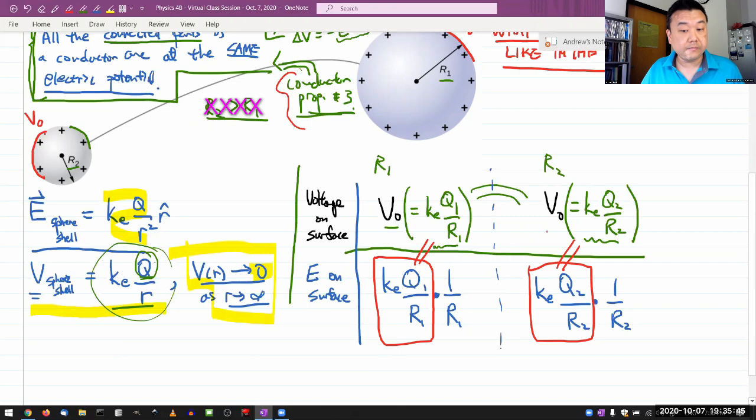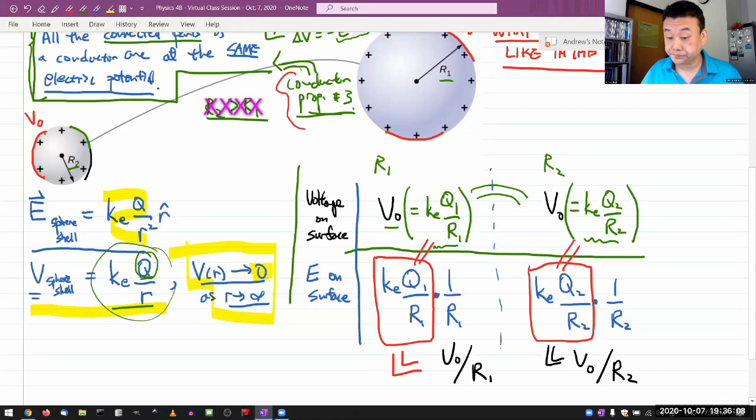So I can make the substitution and end up with the expression for the electric field outside this rounder sphere, and I get V naught over R1. Over here, I get V naught, same V naught, over R2.